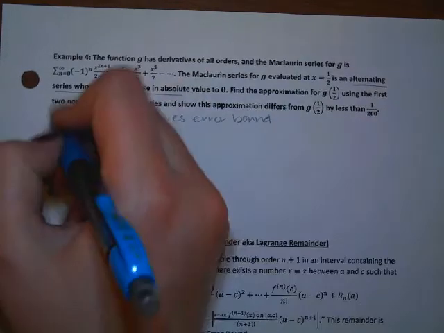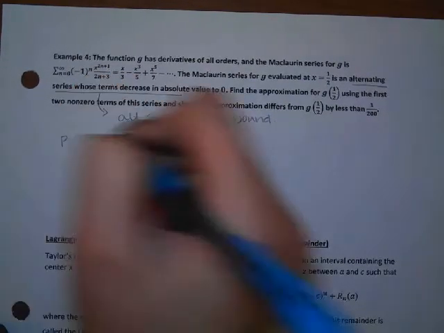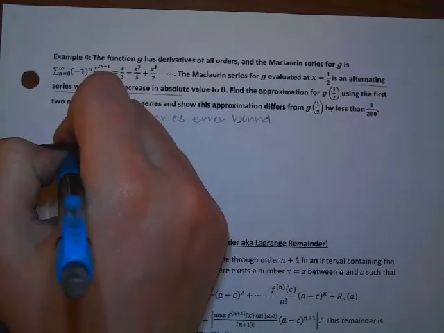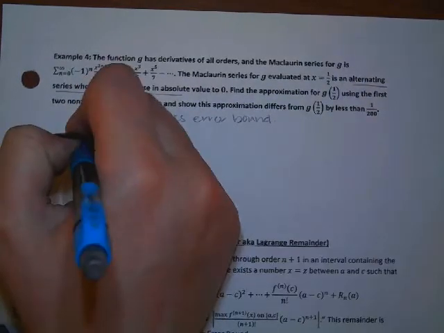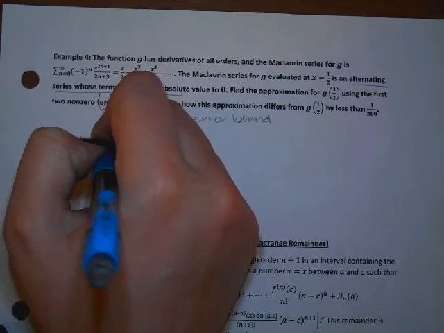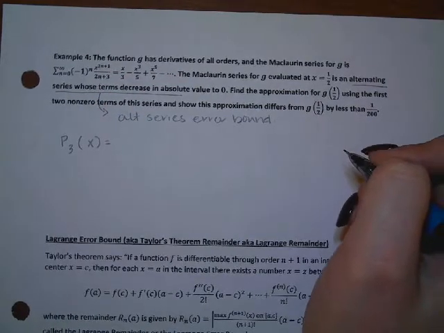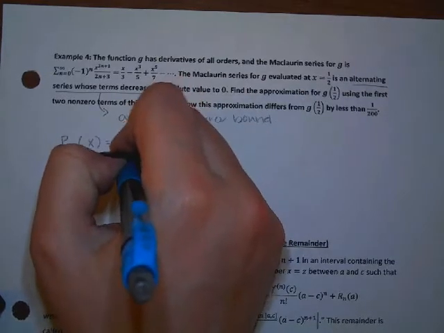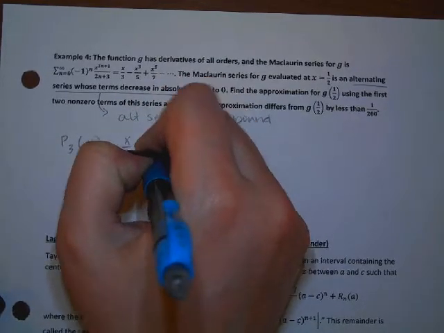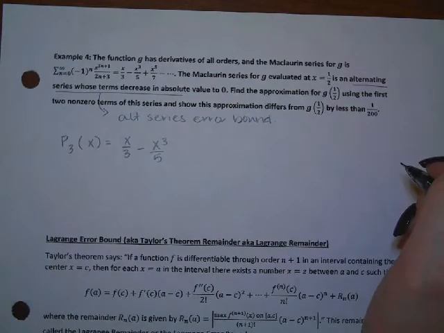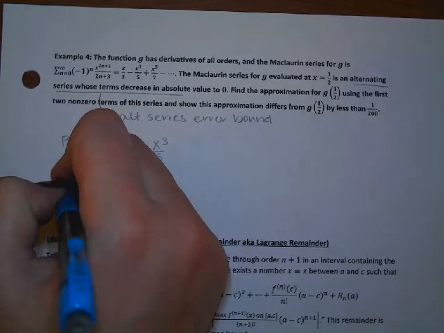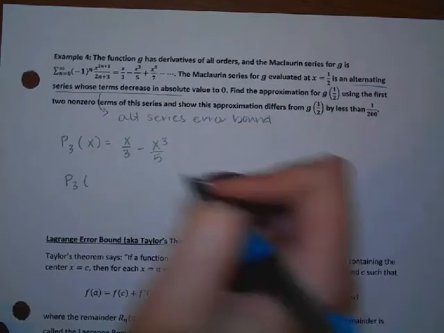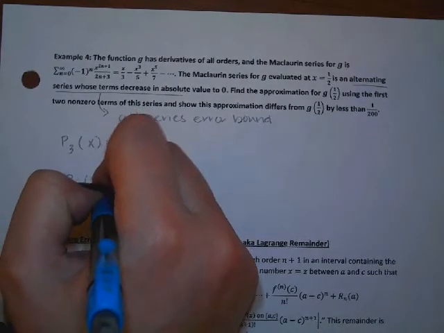Okay, so I'm going to say that using the first two non-zero terms would be the third degree. Are we okay with that? So first term, second term, and then we'll say that we're evaluating this at 1/2.